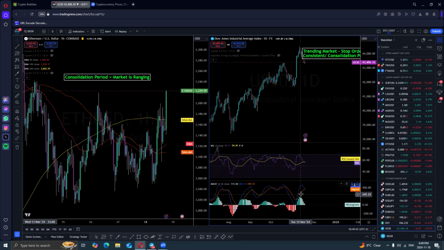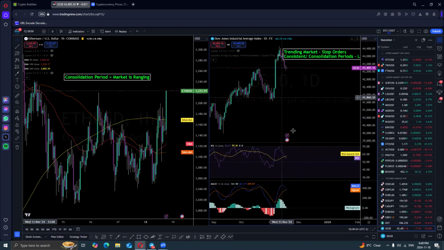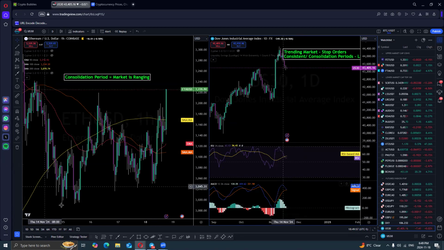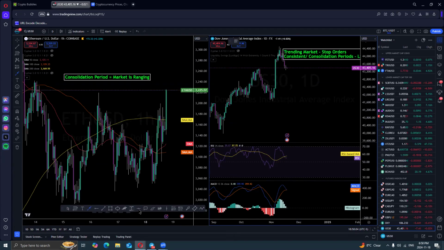Okay, currently on MACD, it's looking like it's about to cross over downwards. On MACD, whenever the signal line and the MACD line cross over the zero line, which is between the histogram, the invisible line in between the histogram is what we call the zero line, for those of you who are new into trading.